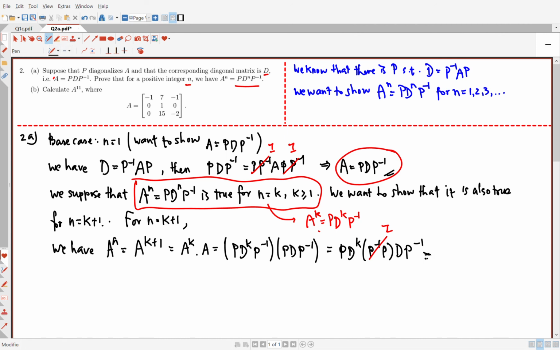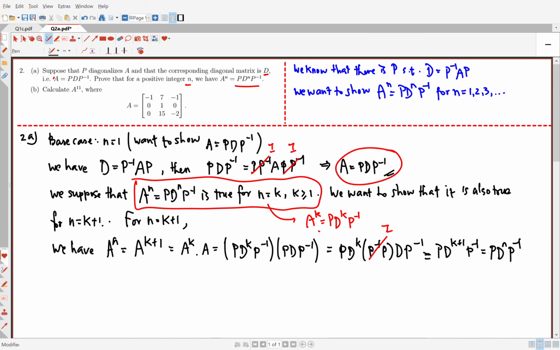Then I can multiply D to the power of k with D. I will get P D to the power of k plus 1 P to the power of minus 1. And this is P D to the power of n P inverse. So it also holds for n equal to k plus 1.